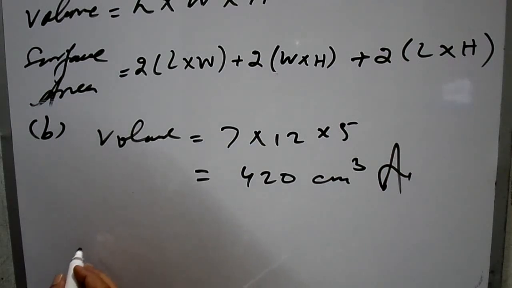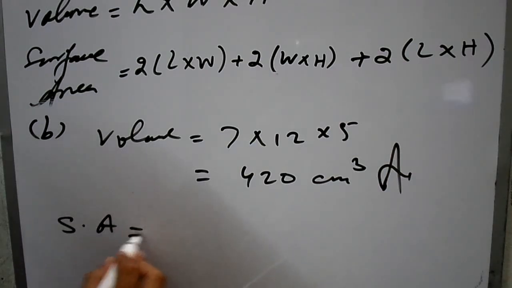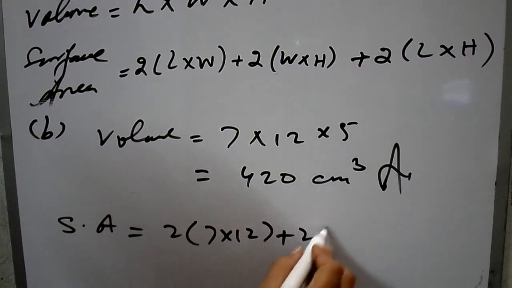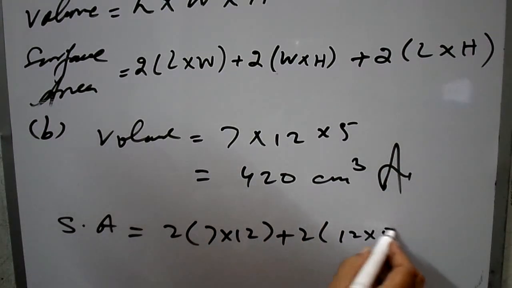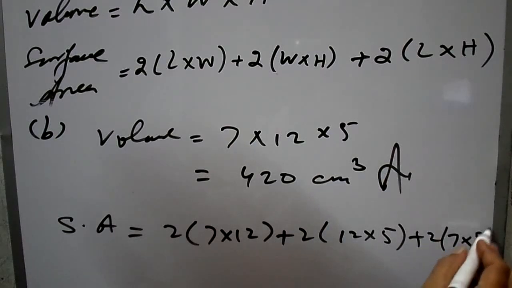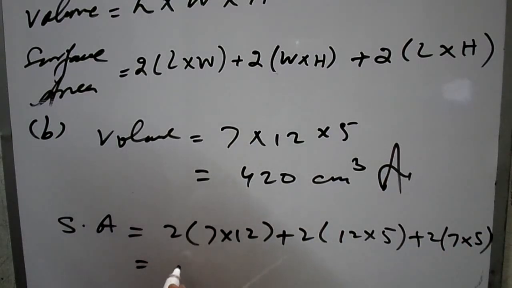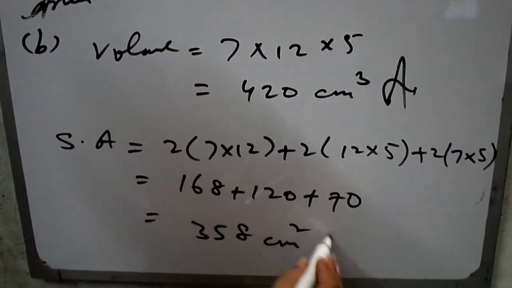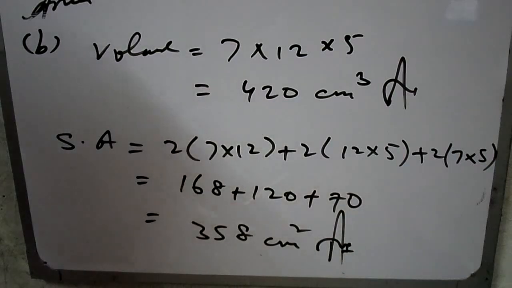Similarly, surface area will be equal to 2 into 7 into 12 plus 2 into 12 multiplied by 5 plus 2 into 7 multiplied by 5. By simplification you will get 358 centimeters square as your required surface area.